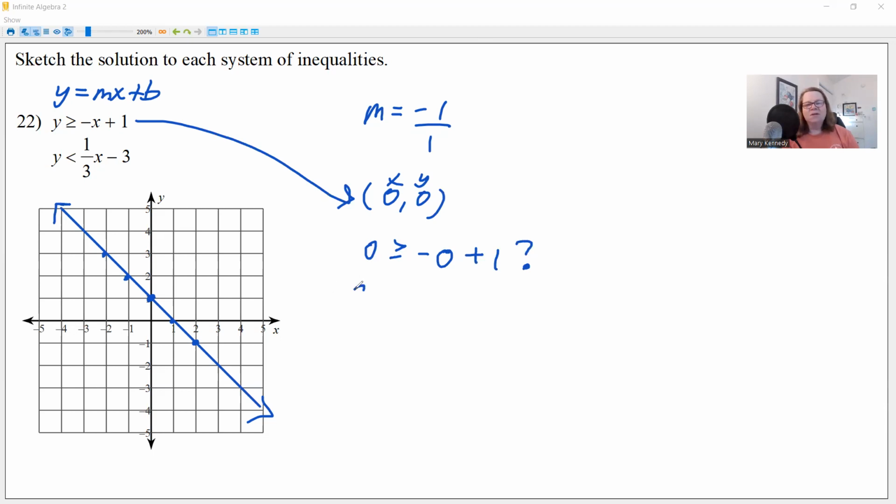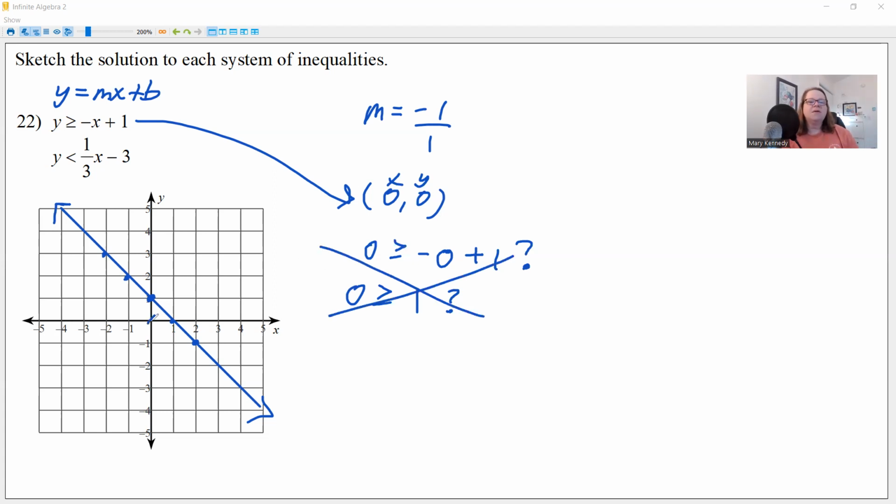So I've got 0 is greater than or equal to, well, nothing essentially, right? Negative nothing is still nothing, plus 1. So using 0, 0 just helps us get rid of everything. And we know it's 0 on the left side and the number on the right. So the question is, is 0 greater than or equal to 1? No, $0 is not more than $1. So that is not true.